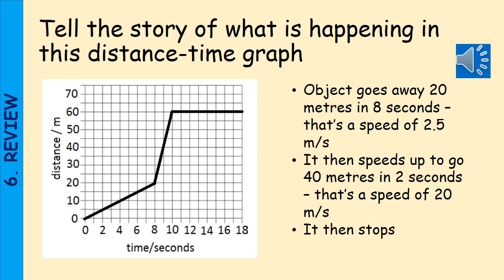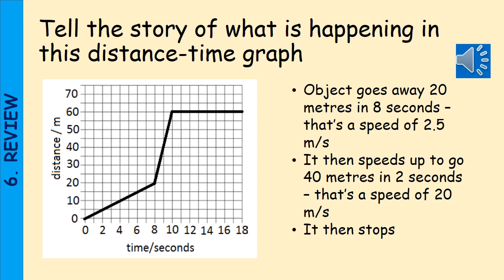It's the second bit where some people make a mistake, and they think that they're going to use the total time, that's the 10 seconds, and the total distance, that's 60 meters, and they do 60 divided by 10, and that of course is not correct. That would give you your average speed in the first 10 seconds rather than the speed in that steeper section.